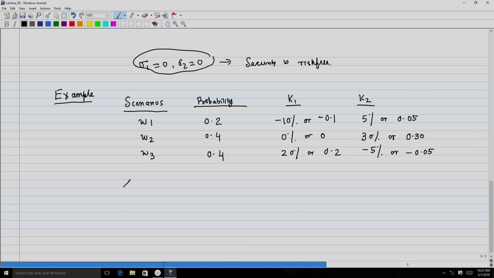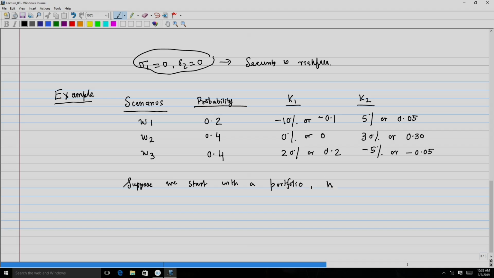Now what we want to do is construct a portfolio, in particular a two asset portfolio, out of these two given assets with the specified returns under three different scenarios. So, suppose we start with a portfolio, and remember, for a portfolio we must specify what the weights are.